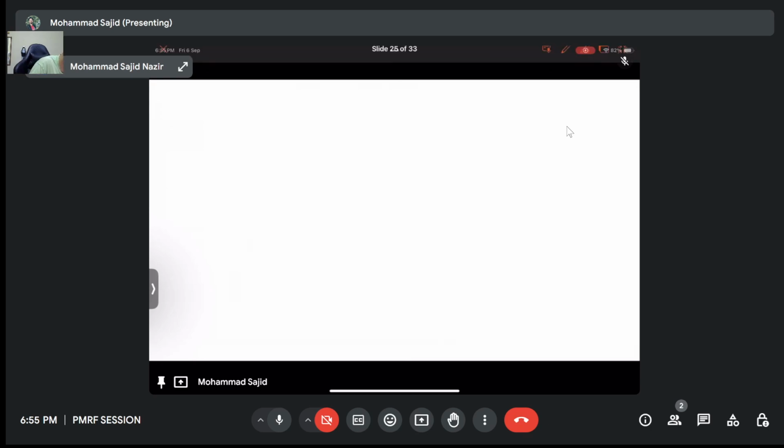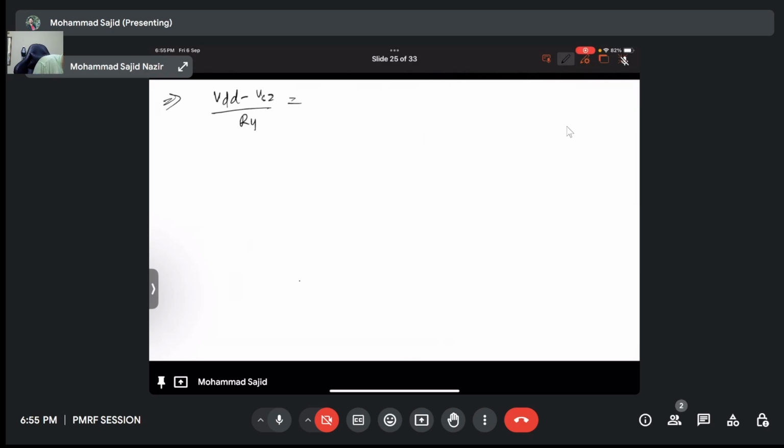Okay, so now I can write VDD minus VS2 divided by R4 is equivalent to kW by 2L times VSG2 minus VTHP whole square.